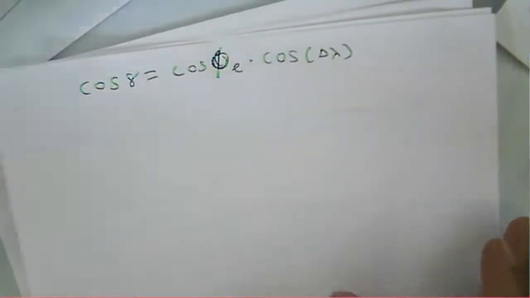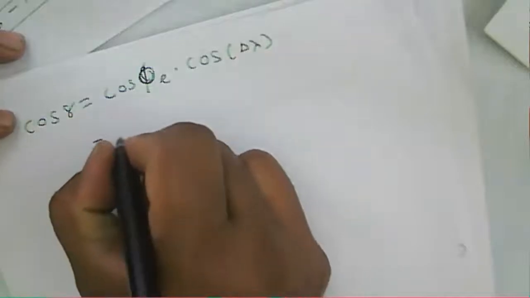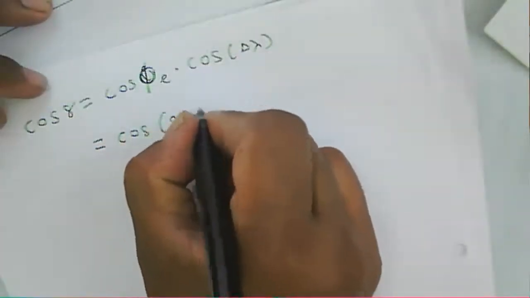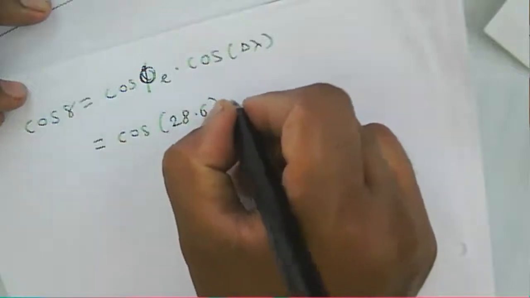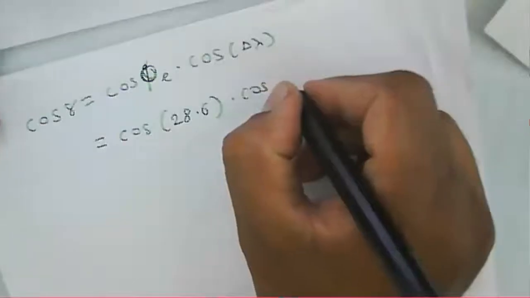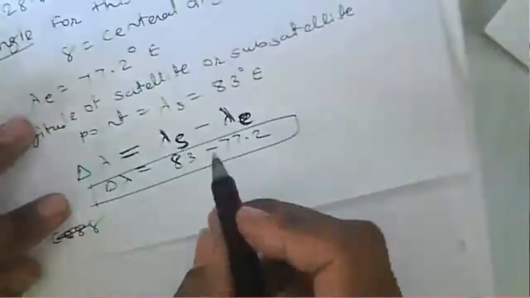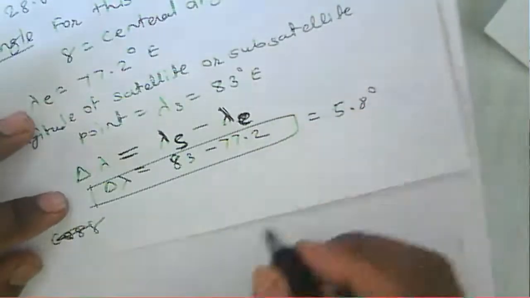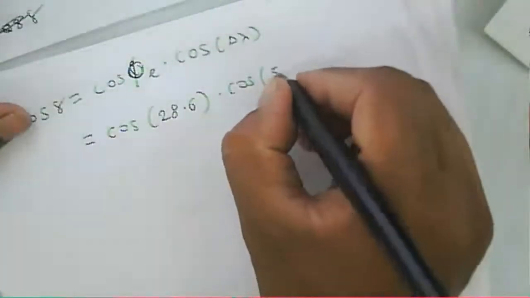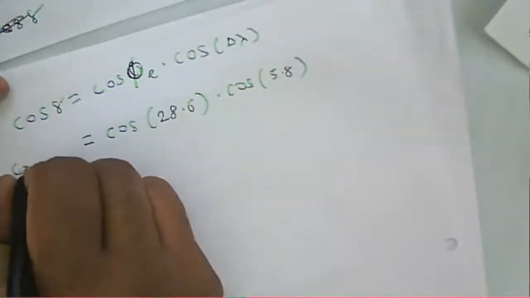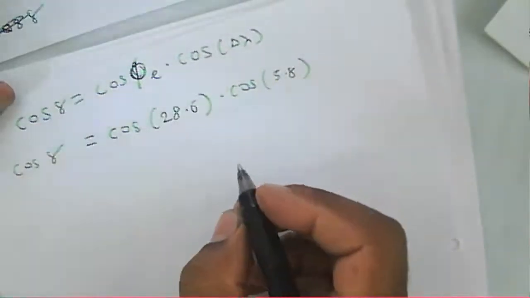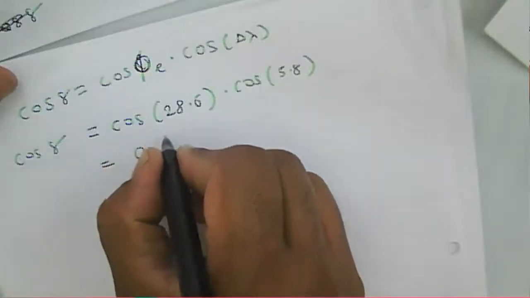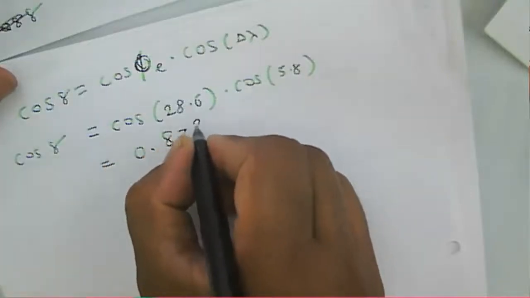Now you can put cos of phi as cos of 28.6 degree into cos of delta lambda. That delta lambda, if you solve it, you'll get about 5.8 degree, so cos of 5.8 here. After solving, the cos of gamma term will be 0.8736.